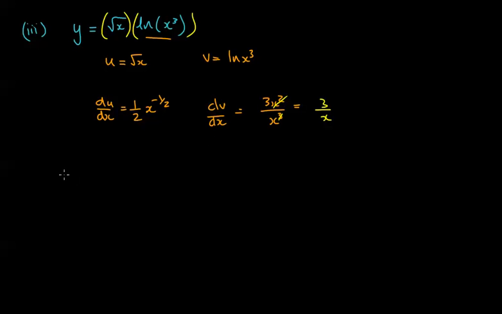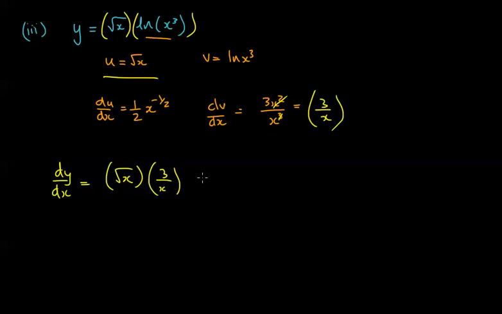Okay, so then using the product rule, dy by dx would be u, which is root x, times the derivative of v, which is 3 over x, plus v, which is natural log of x cubed, times this here, which is a half x to the power minus a half.